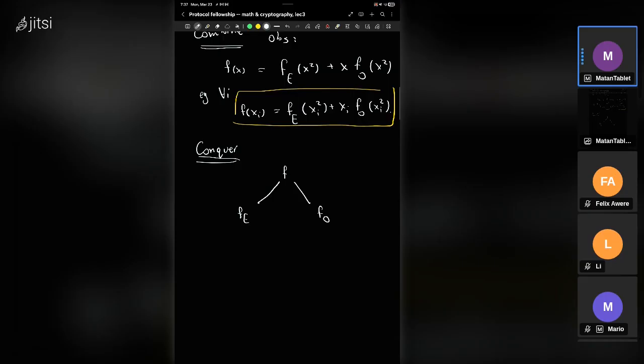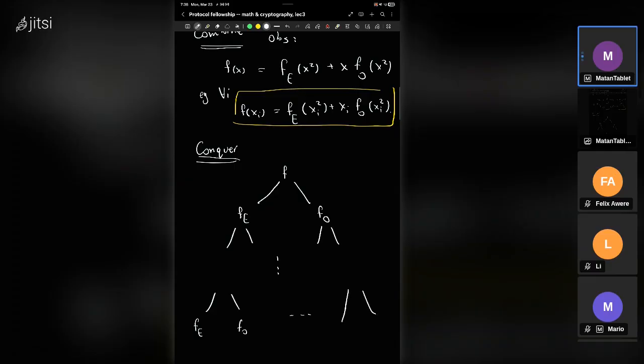And Fe, I also divide into an even and an odd part of this big Fe. And I keep going until I reach the last stage of division into Fe and Fo.